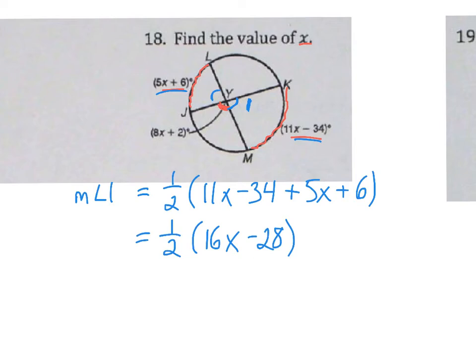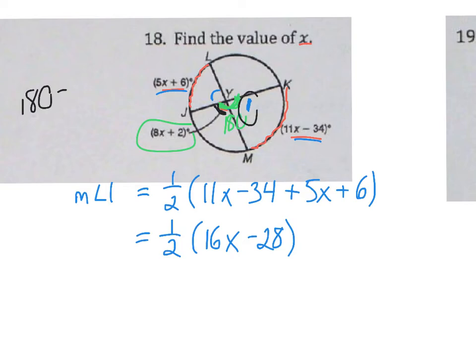Now I got to figure out, how does this relate to this 8x plus 2? Well, I know that these two angles are going to add up to 180, right? So if I do 180 minus this angle right here, then I would get angle 1.